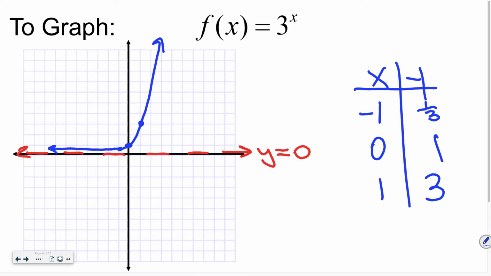Those coordinates are the easiest 3 to think about because you really don't have to do any calculation. And they're going to be graphable, right?